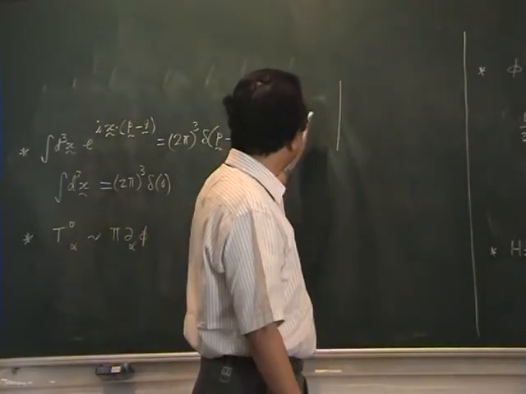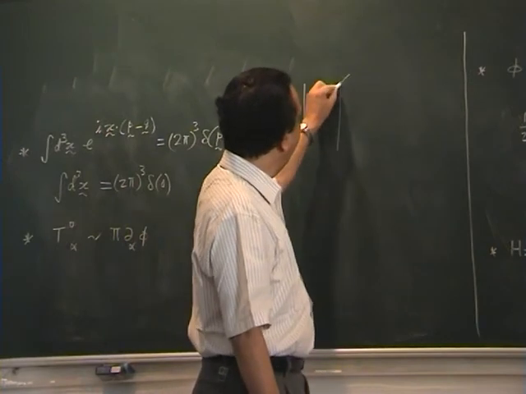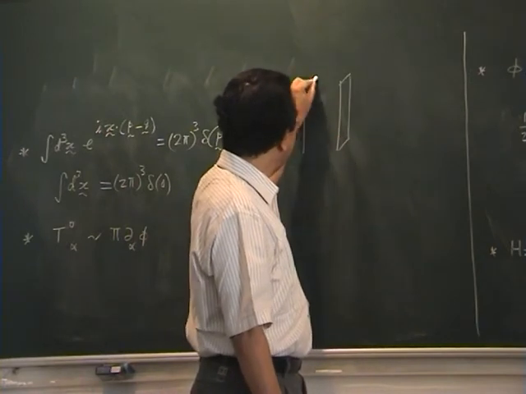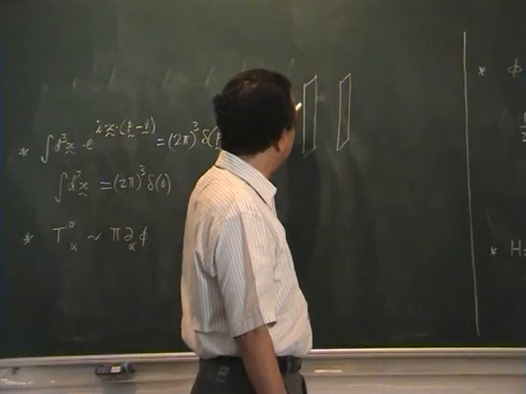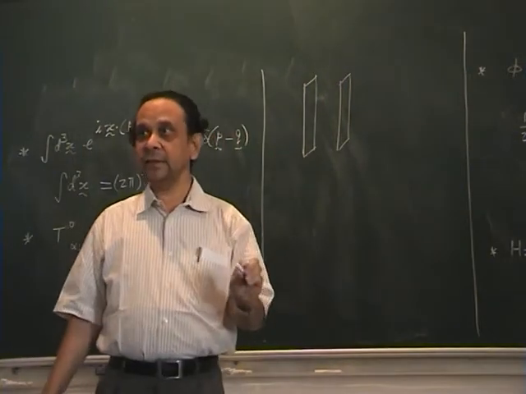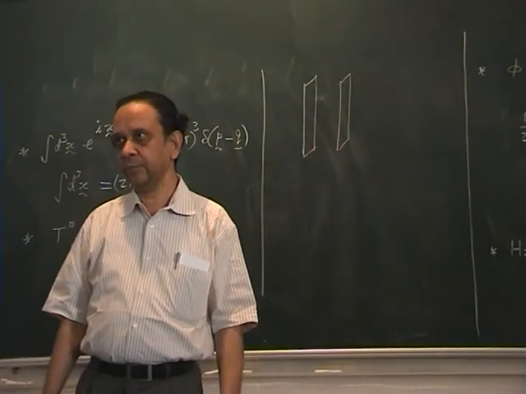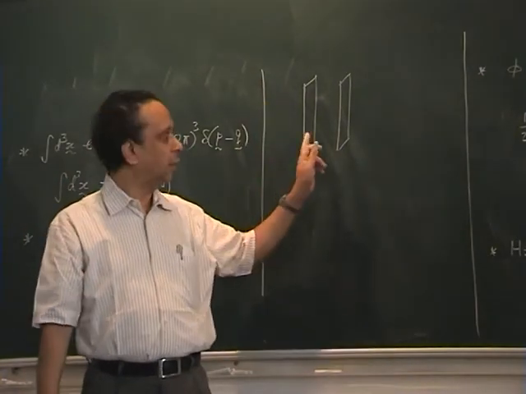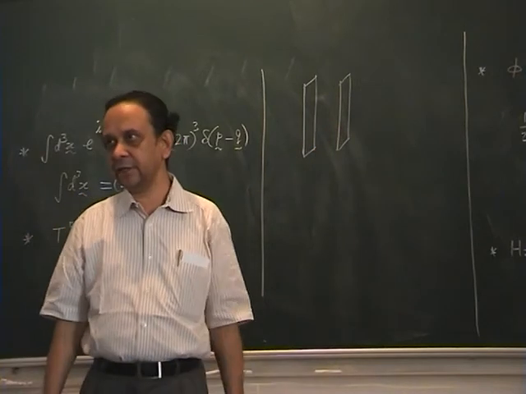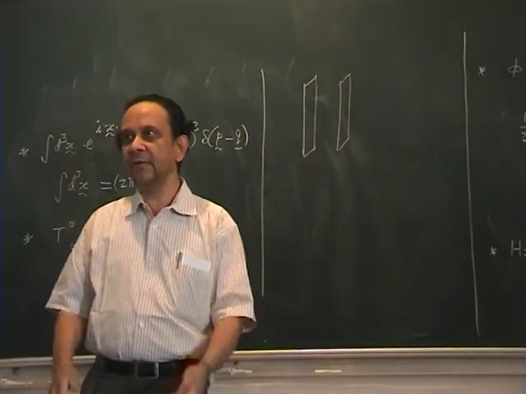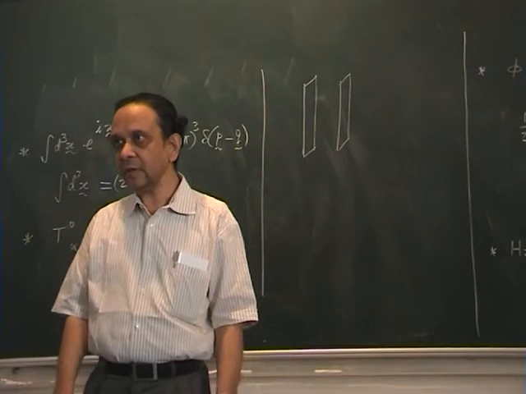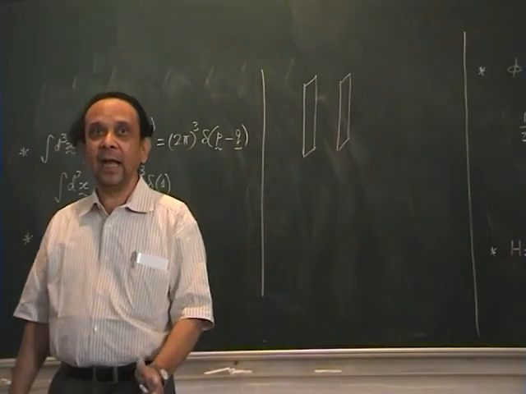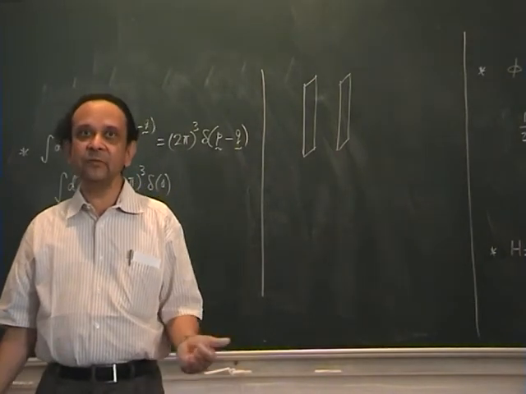It essentially tells you that if you have two parallel plates, like capacitor plates in electrostatics, except that you don't put any charge on them. Okay, these are 0 charge metal plates, formally infinite, or their sizes are much bigger than the separation. You keep them in the vacuum, then they will attract each other for no good reason. Okay, and this is called the Casimir effect. It has been observationally detected.